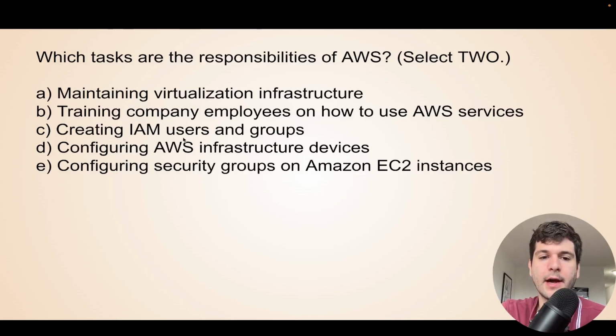Creating IAM users and groups, that's definitely our responsibility as customers. Configuring AWS infrastructure devices, again, we're not going to be doing stuff with the infrastructure, so that's AWS's responsibility. Configuring security groups on an Amazon EC2 instance, yes, that would be our responsibility. So the correct answer here would be A and D.